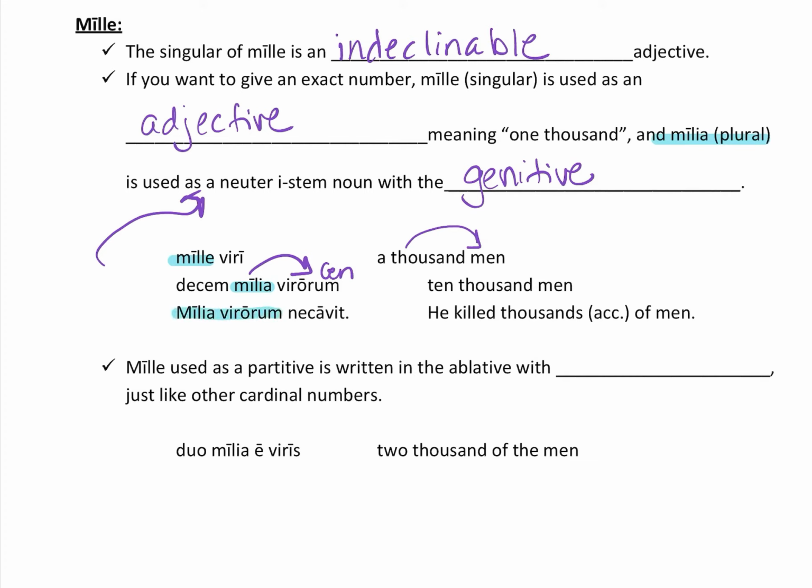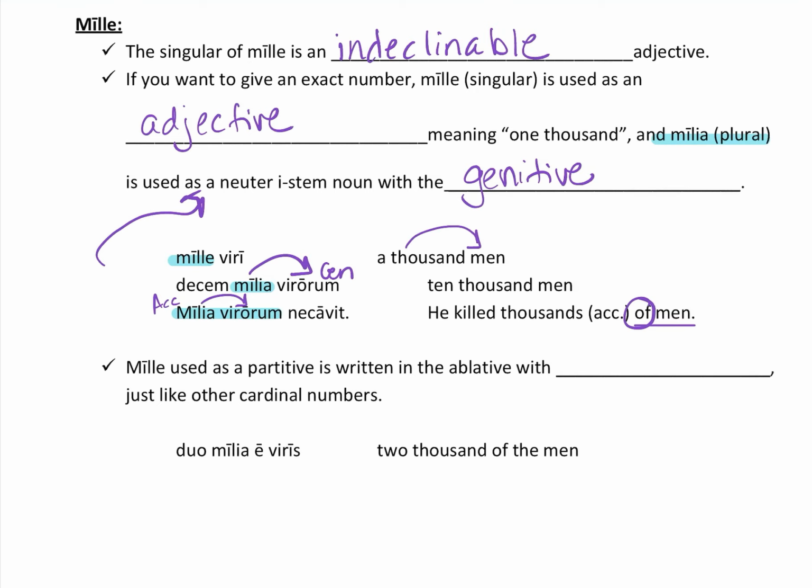And then we have millia virorum, again here used with the genitive, and he killed thousands of men. So he killed what? He killed thousands. So it's acting as the accusative here, right? And here we have, again, the "of men," and we use the "of," so there it is with the genitive, okay?